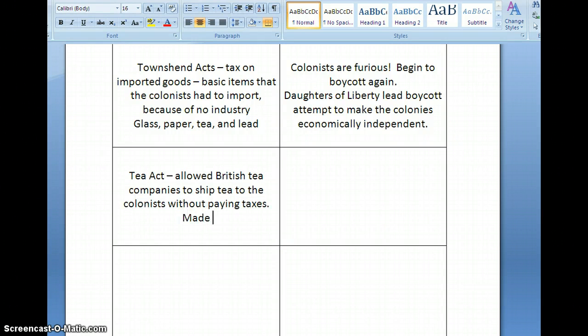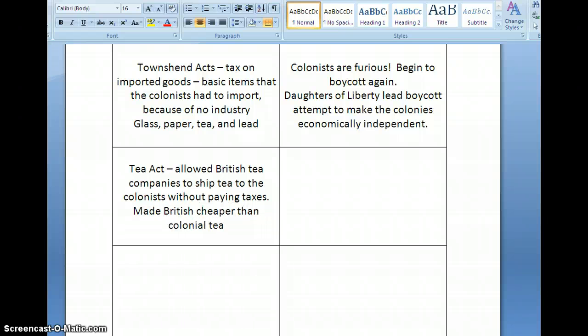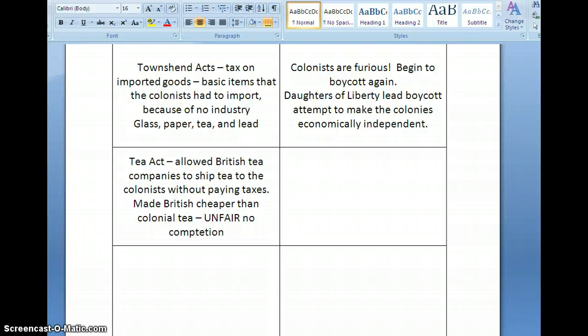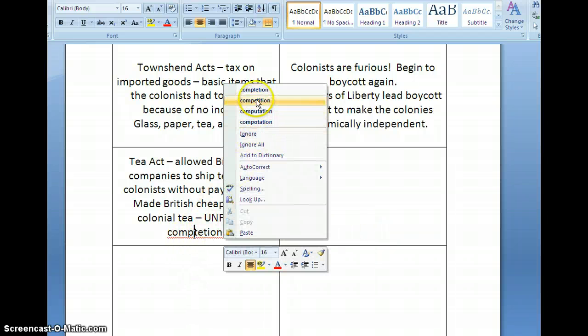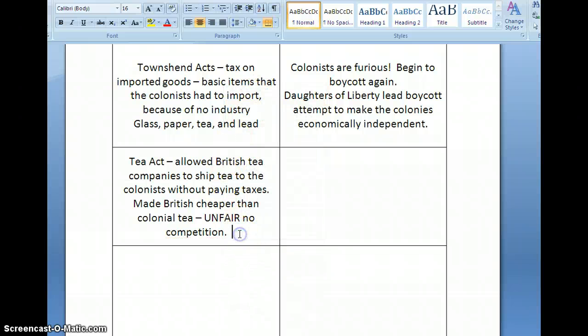It made British tea cheaper than colonial tea, which really made things unfair because there was no competition.